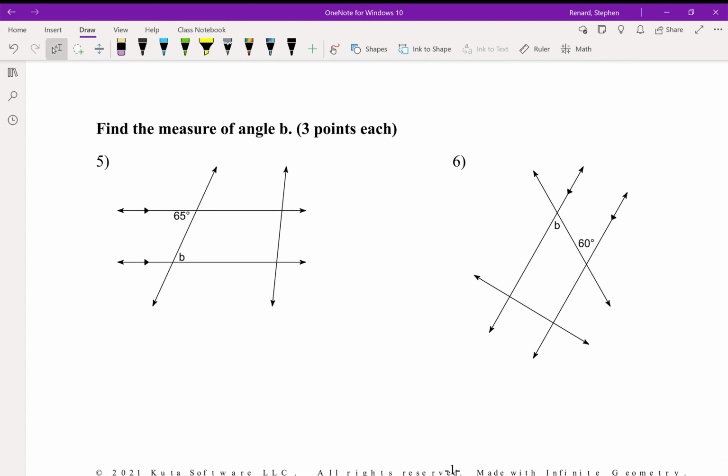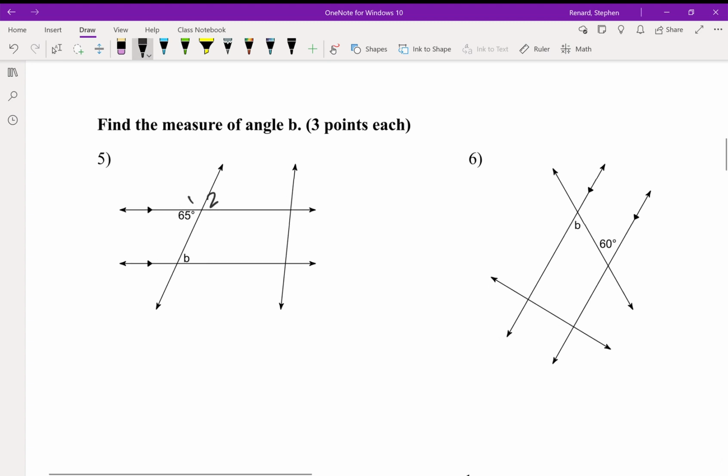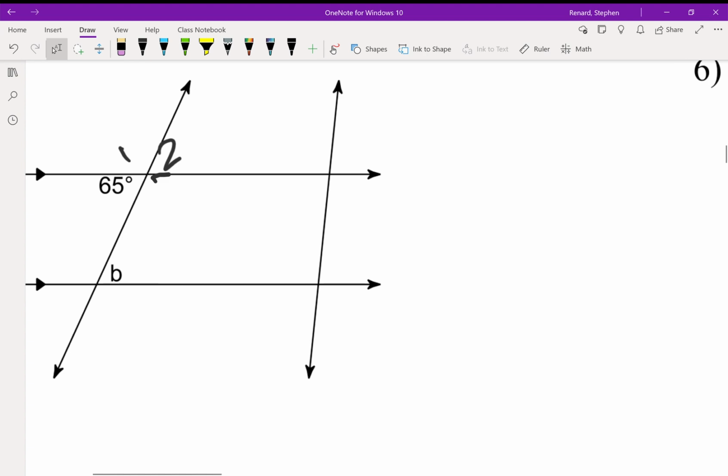Now we need to find the measure of angle B. So we're going past figuring out what the relationship is and trying to figure out what that relationship means. Again, here we have 1, 2, 3, 4, 5, 6, 7, 8.